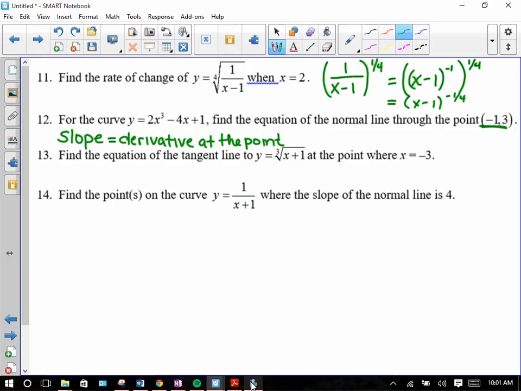Alright? Now, we heard what normal means. Not tangent, what does normal mean? Perpendicular. So normal means perpendicular. Alright? What does the slope of a perpendicular line have in common with the tangent line?